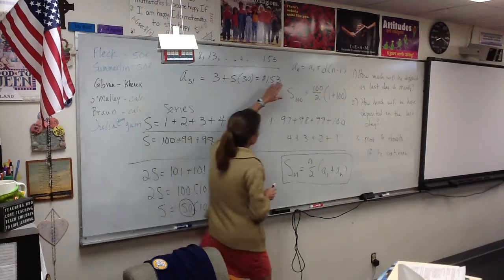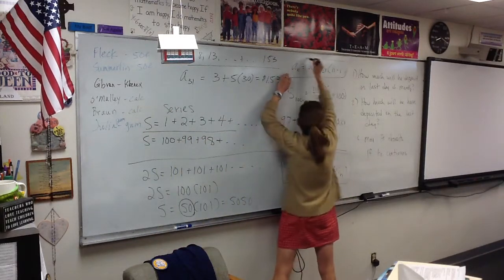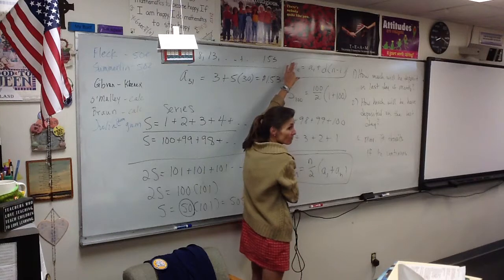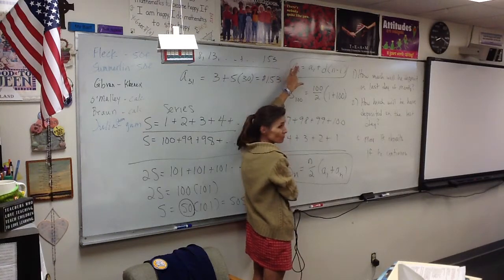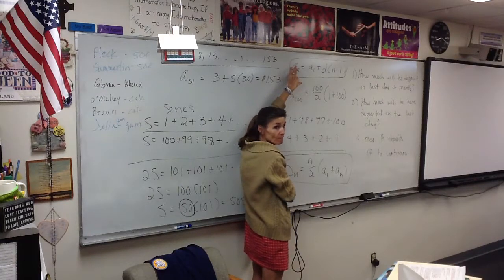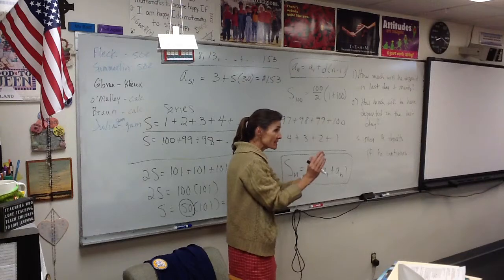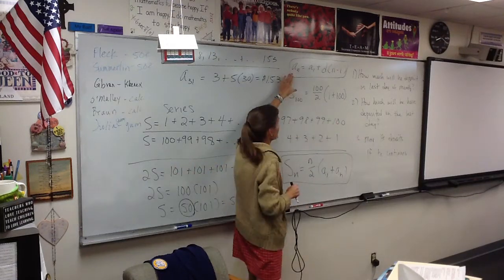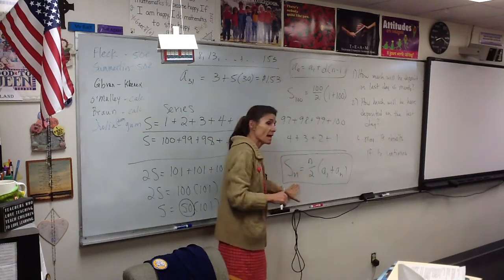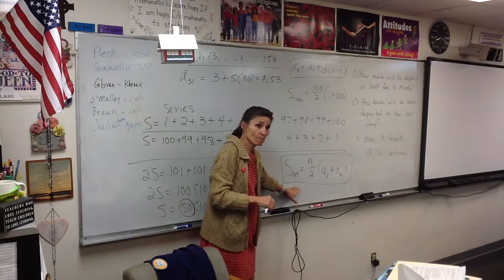How are you going to keep these two formulas straight, because they both involve arithmetic? What does this one do for you? Finds the term. So if you're interested in a single number in the list, this is your formula. If you want to add them up, this is your formula.